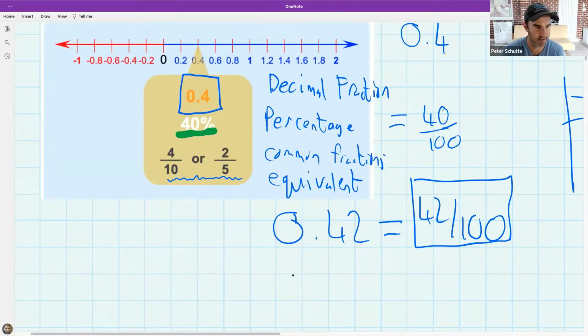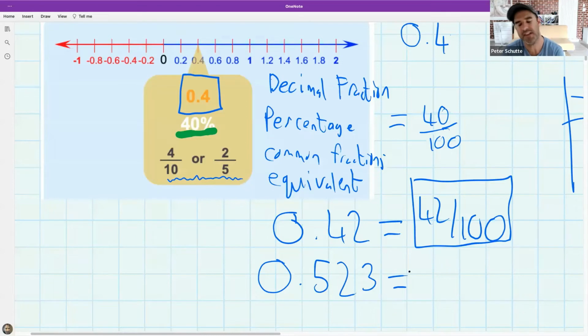Nice, Tando. Nice, Vasedi. I want to do another one. If I gave you 0.523, could you write that as a common fraction for me as well? So I'm testing, can you go between. I like it, now you spotted what I'm after.